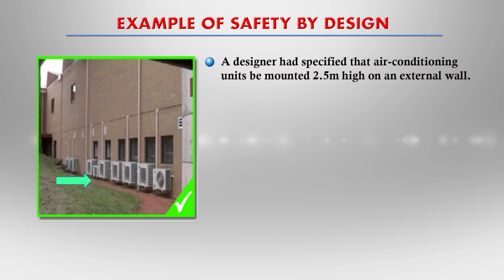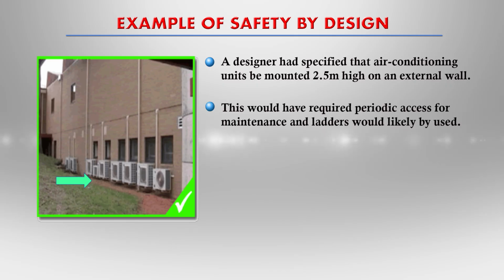Another example we are giving: a designer had specified that air conditioning units be mounted at 2.5 meters high on an external wall. As shown by this arrow, this would have required periodic access for maintenance, and ladders would likely be used at the height of 2.5 meters.